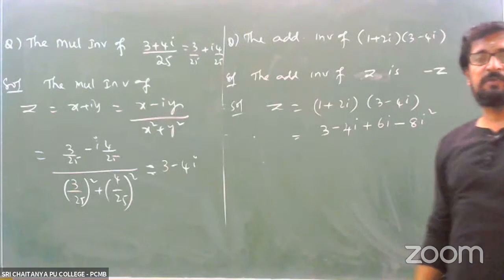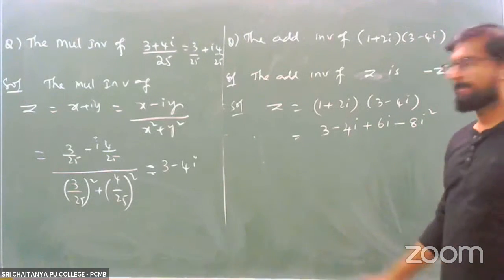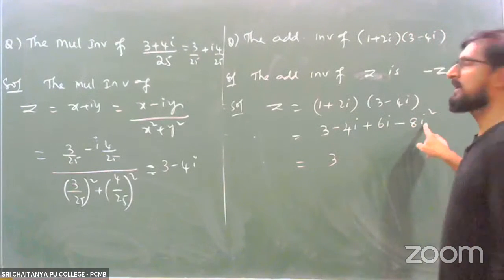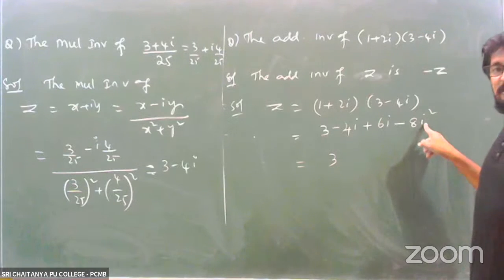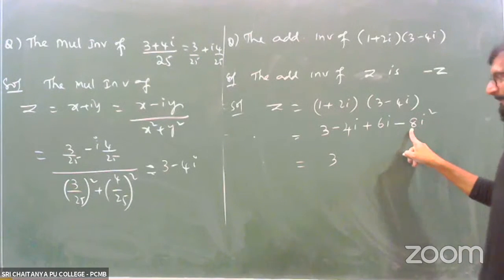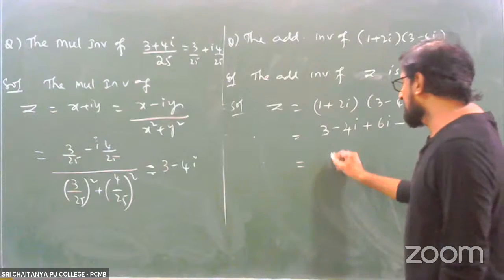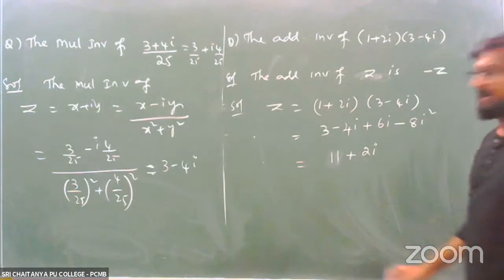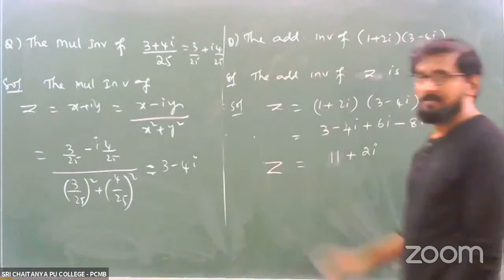Wherever there is i square, substitute minus 1. We are going to get 3, and here minus of minus becomes plus 8. 3 plus 8 becomes 11 plus 2i. This is the value of z you got.